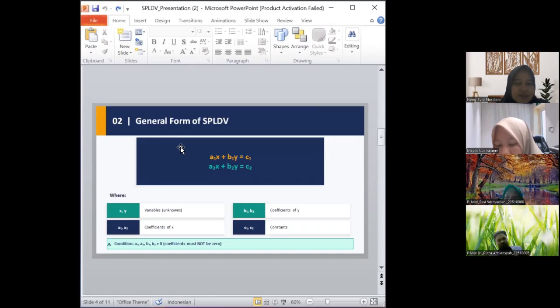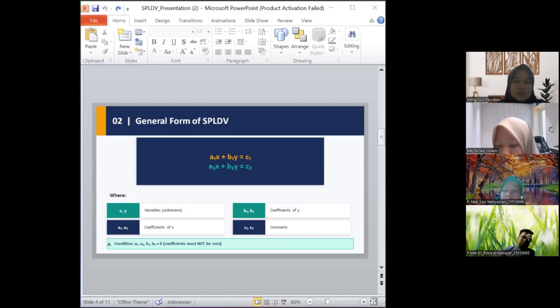The standard form is a1x plus b1y equals c1, and a2x plus b2y equals c2, where x and y are variables. a1 and a2 are coefficients of x, b1 and b2 are coefficients of y, and c1 and c2 are constants. The condition is that a1, a2, b1, b2 are not equal to 0, because if they are, the equation would not have two variables anymore.